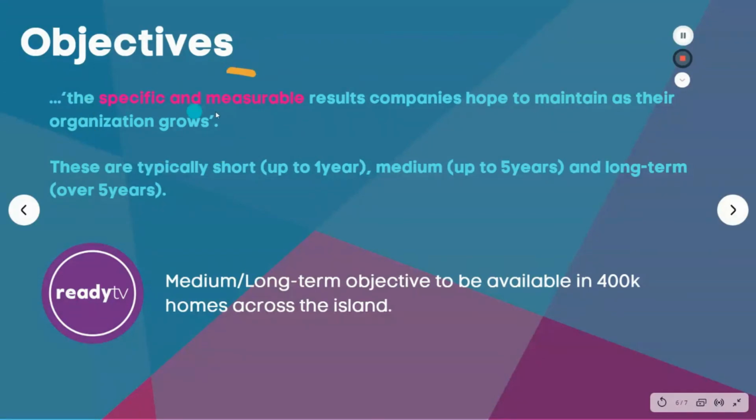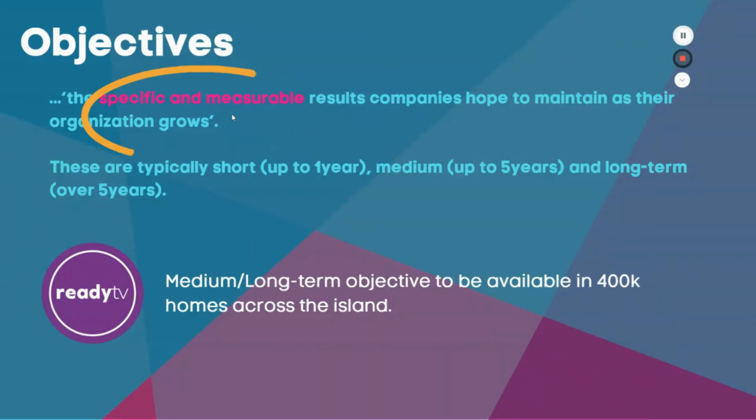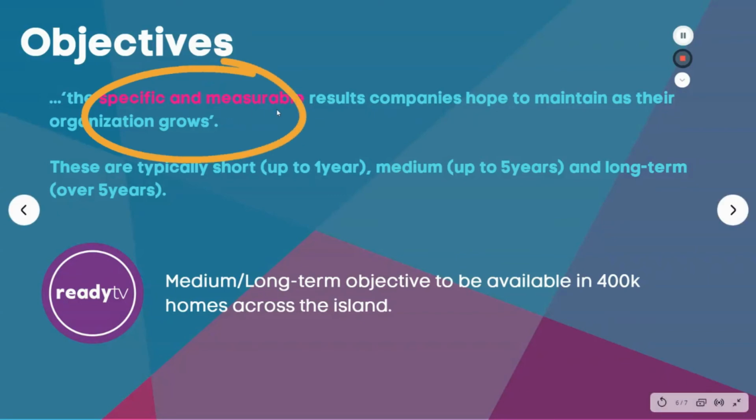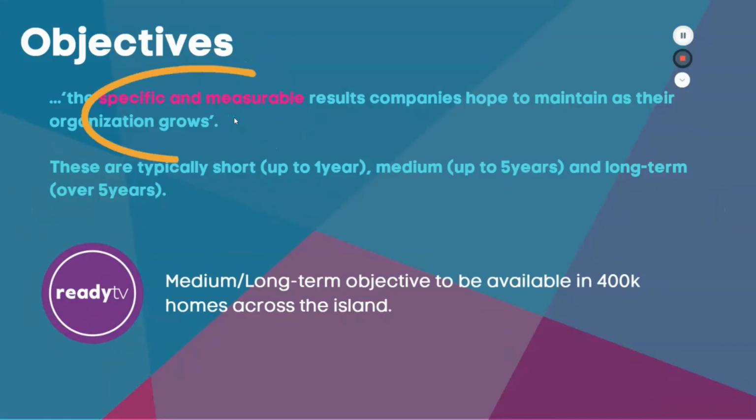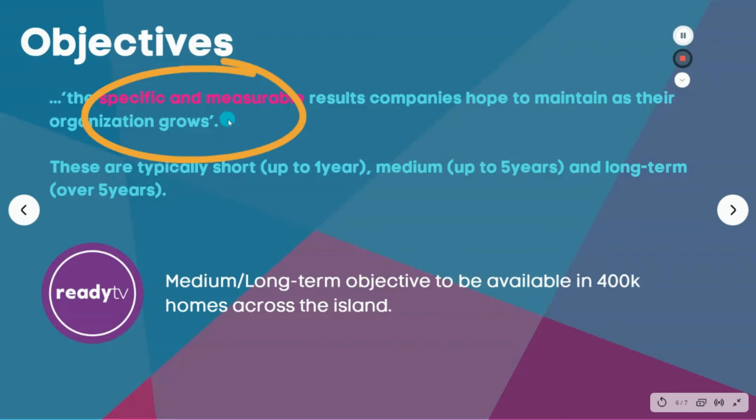In formal business arrangements, we want to ensure that our objectives are clearly identified, but additionally, and probably more importantly, that they're all measurable. That's the only way we're going to be able to determine objectively if this business is performing well or badly. Additionally, you may want to highlight that short-term objectives are anything up to a year, medium term up to 5 years, and longer term anything over 5 years.